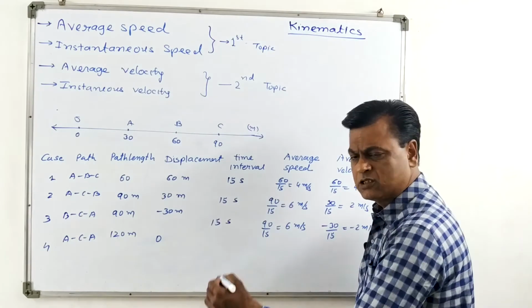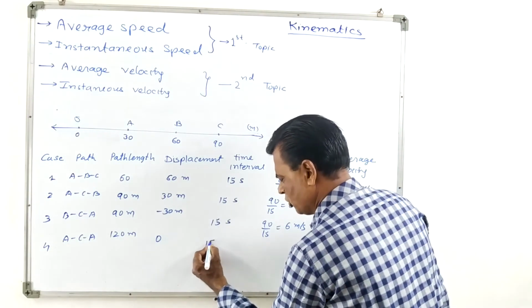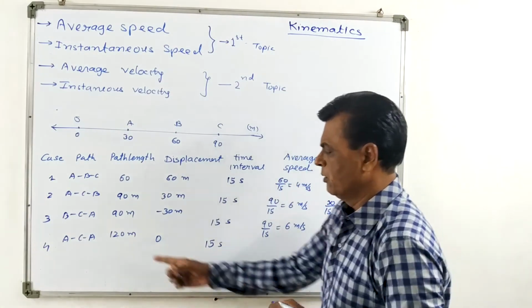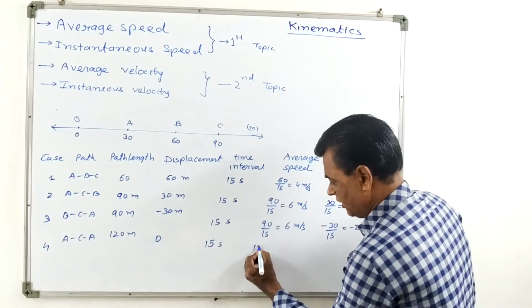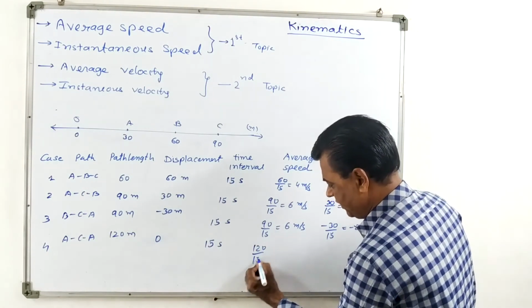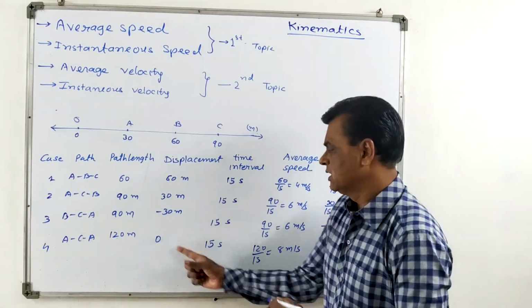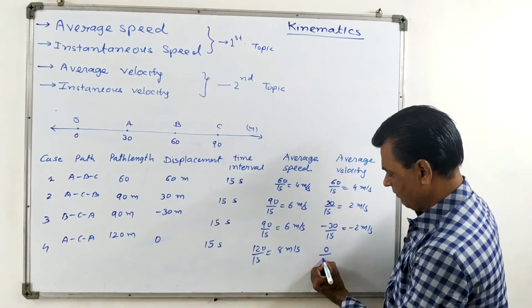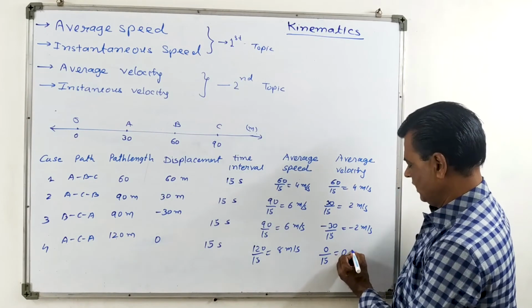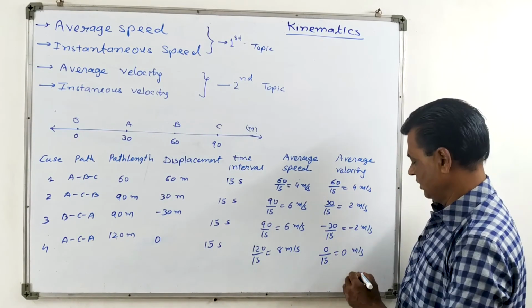The time taken is also 15 seconds. So path length divided by time taken, 120 divided by 15, 8 meters per second is the average speed. And displacement 0 divided by time taken 15, so 0 is the average velocity.